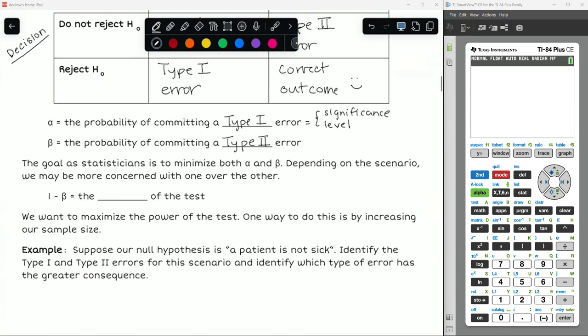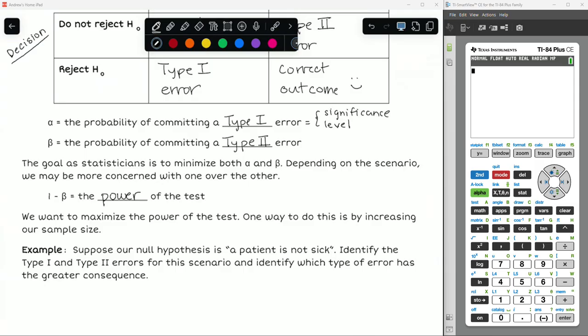There is one more quantity that's related to these, and it's called the power of the test. And the power of the test is a complement to the probability of committing a type 2 error. It's 1 minus beta. We want to minimize beta and maximize the power of the test. One way to do this is increasing our sample size.